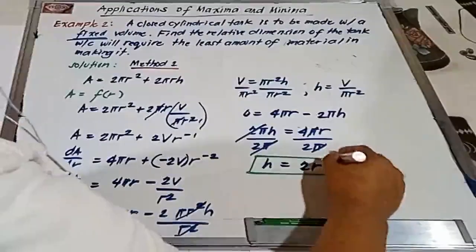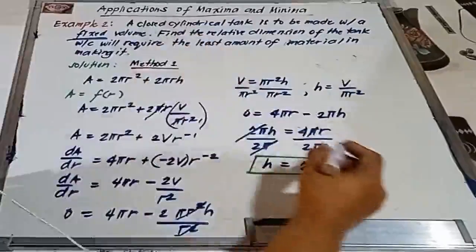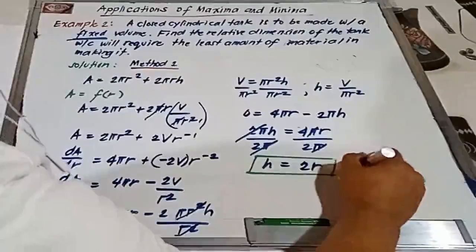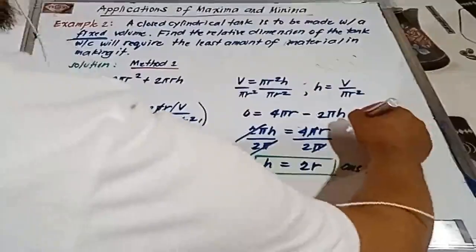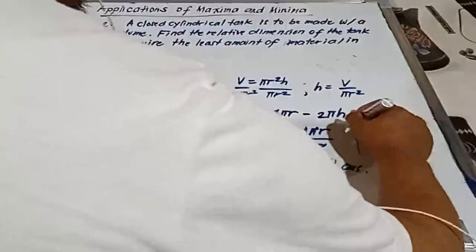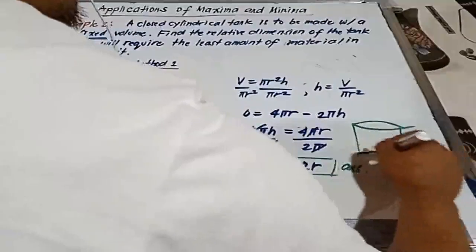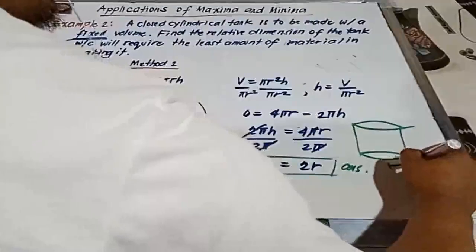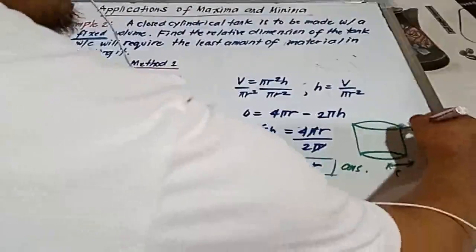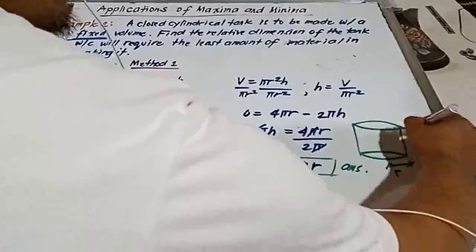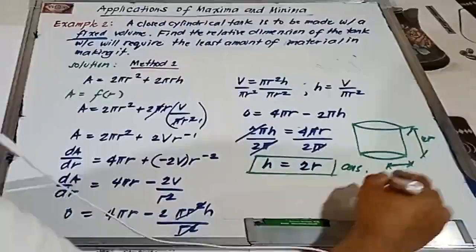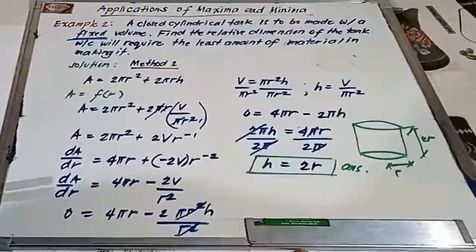The height should be twice of the radius. Okay? So, ganito yung tank natin. Let's say, kung ang radius mo ay ito r, ito dapat ay 2r. So, halimbawa, kung ang radius mo ay 2, dapat ang iyong height 4. Okay? That is the relative dimension.